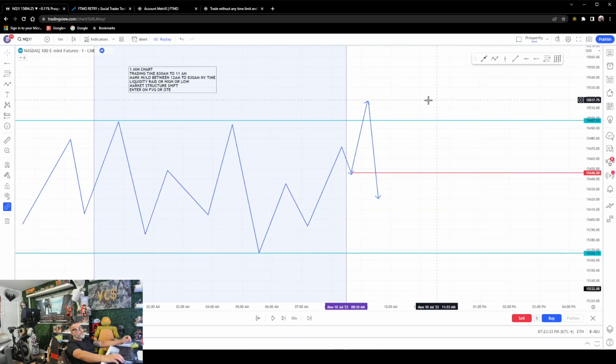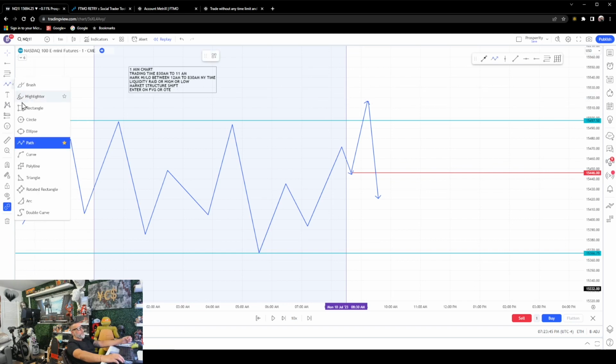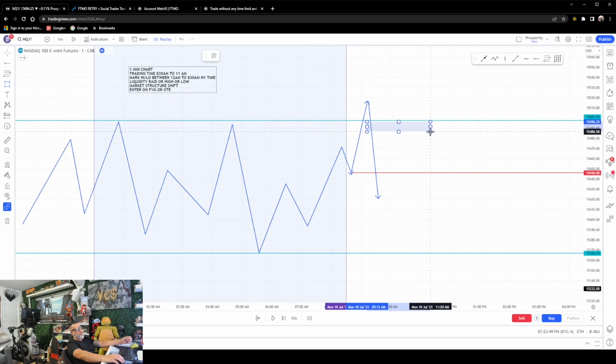Once that happens, you can either look for a fair value gap or you take your fib top to bottom and look for your entry on the 61.8. So the fair value gap is an imbalance between three candles. I'll show it to you on a chart once we get into it, right? And then let's say your fib extension. So let's say that's your fair value gap.